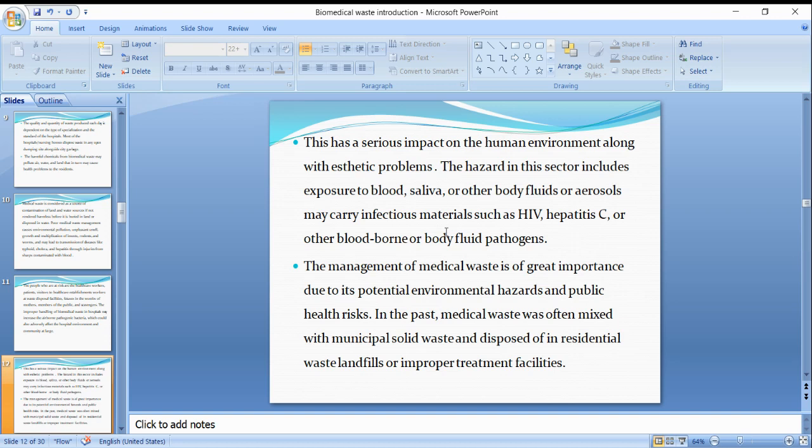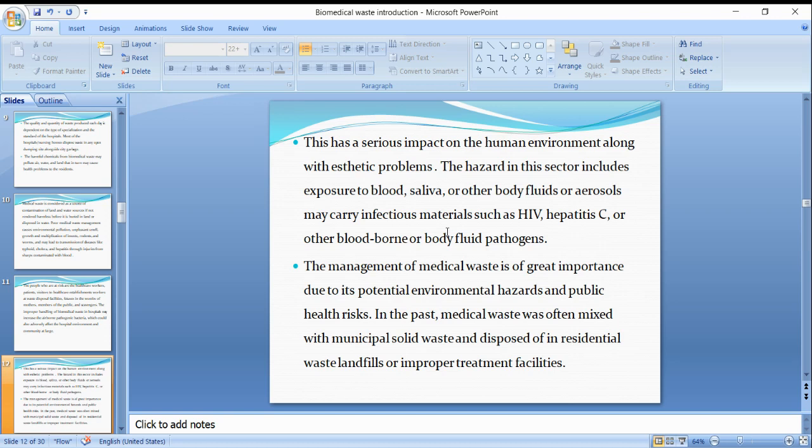I mean to say, very dangerous diseases may come with exposure to blood and saliva. If you spit outside, the saliva will spread it. If it is from the blood, it will be spread too.